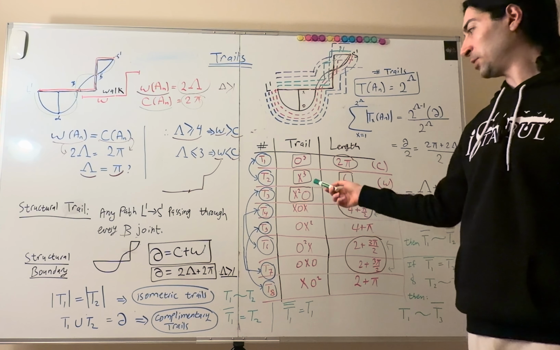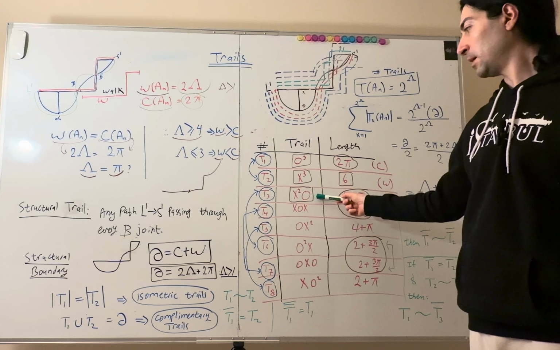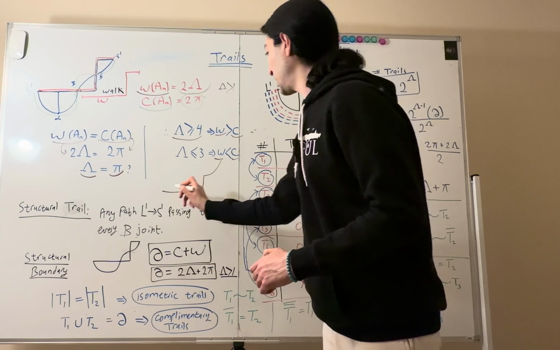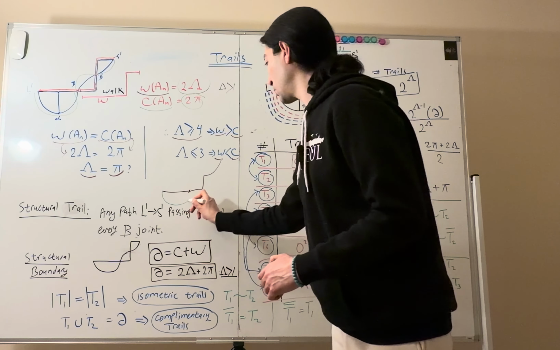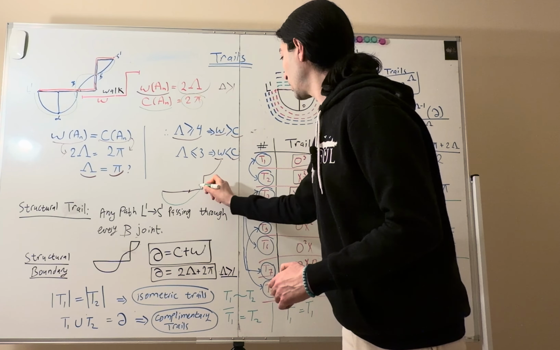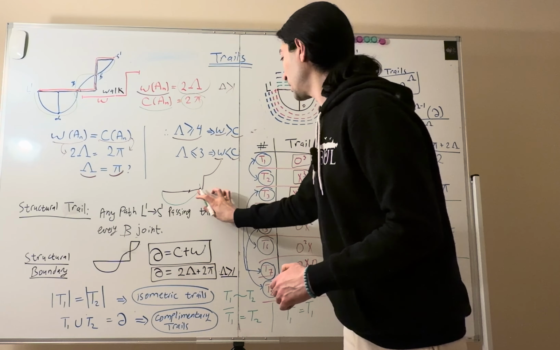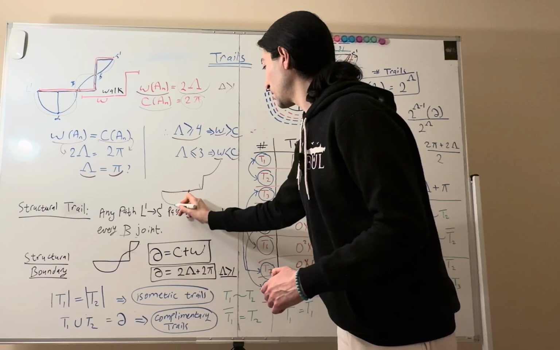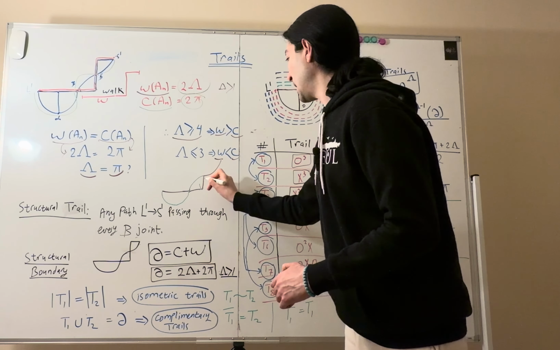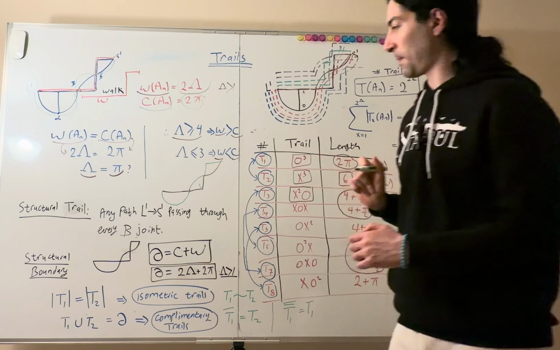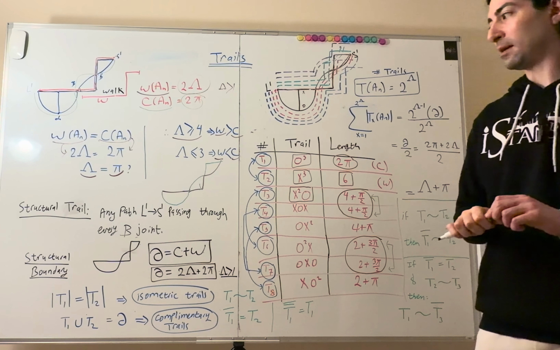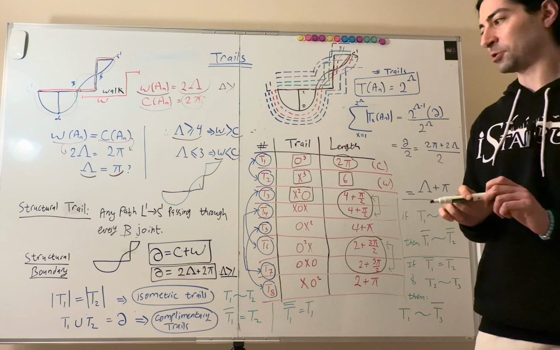So x squared O, the complement will be O squared x. So this will be something like this: O, and then another O, and then an X. Notice that what we ended up with was the boundary of the sectoral structure.